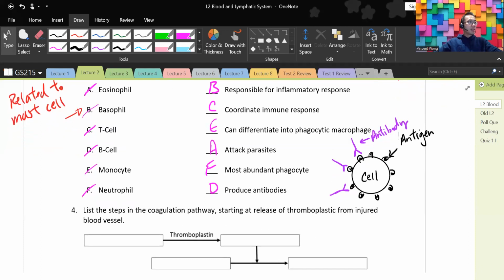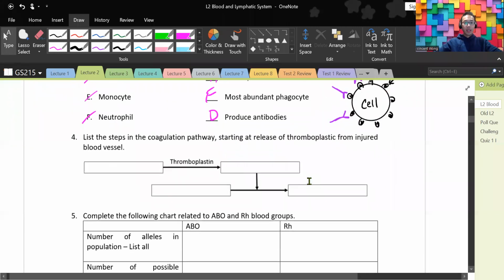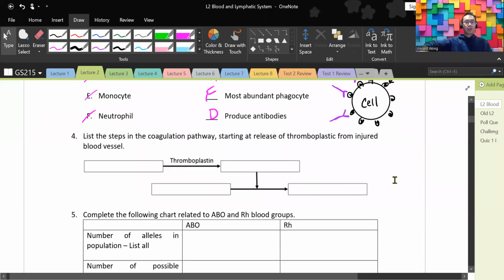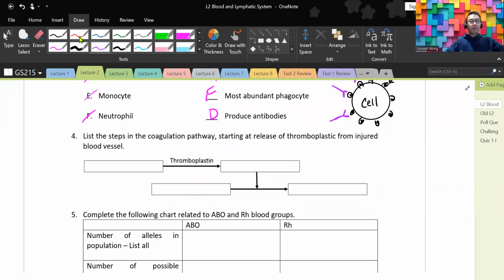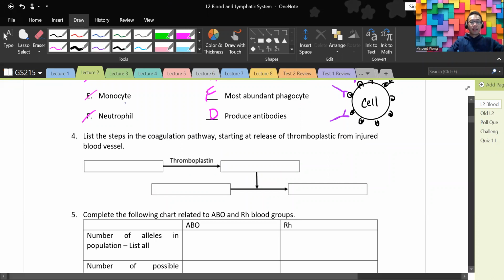All right, next we're going to move on to the concept of coagulation. When you have a cut, a damaged blood vessel, how does the bleeding stop? When the vessel is damaged, the underlying tissue releases something called thromboplastin. When you do not have a cut, this will not be in your blood.